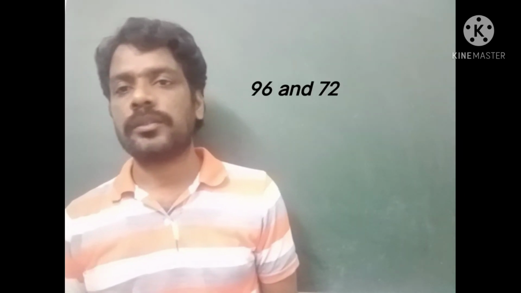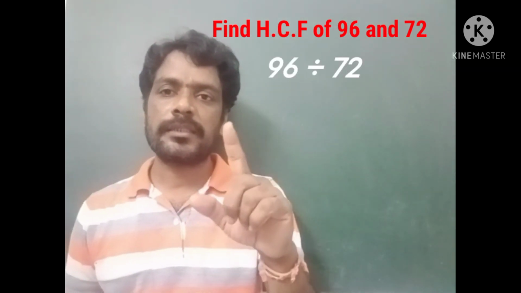To find the HCF, let me take two integers, 96 and 72. I have to find the HCF of 96 and 72. Here the greatest number is 96 and the smallest number is 72, so the greatest number is divided by the smallest number. So 96 is divided by 72.